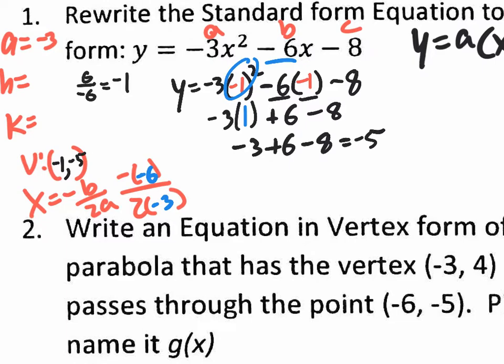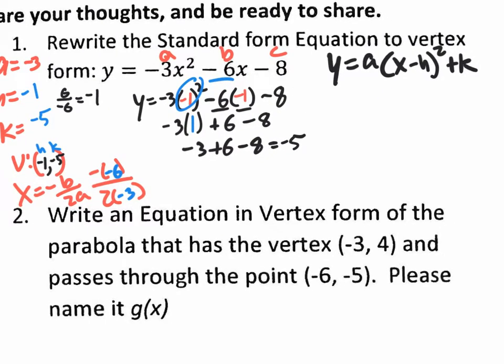Are you with me? Anybody confused about what I'm doing so far? So my vertex is really my h and k. So my h is -1, my k is -5. And once you know the a, the h, and the k, you could plug it all into your vertex form equation over here.